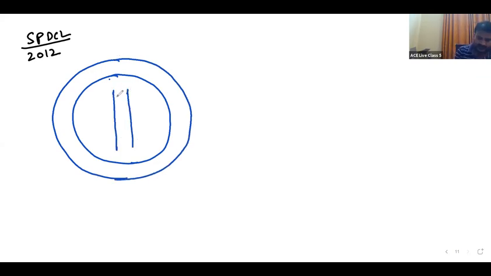The poles, North pole, South pole, are moving in the clockwise direction, but these are the conductors. These conductors are kept in these slots. This is conductor 1, conductor 2, conductor 3, conductor 4.